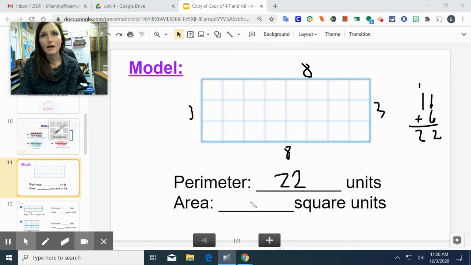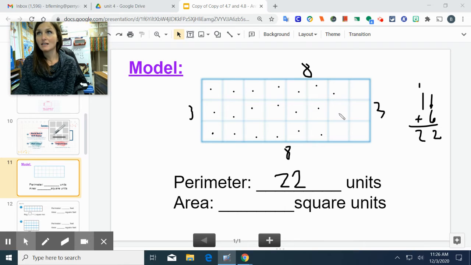But the area is going to be the inside. So I need to count those. 1, 2, 3, 4, 5, 6, 7, 8, 9, 10, 11, 12, 13, 14, 15, 16, 17, 18, 19, 20, 21, 22, 23, 24. So it's 24 square units. Now, is my perimeter the same as my area?